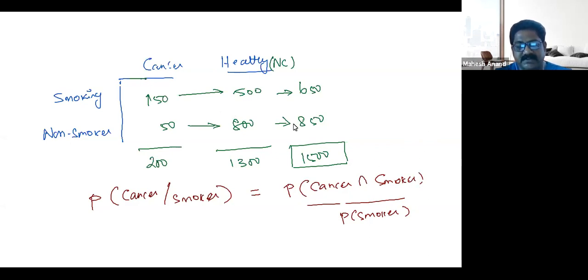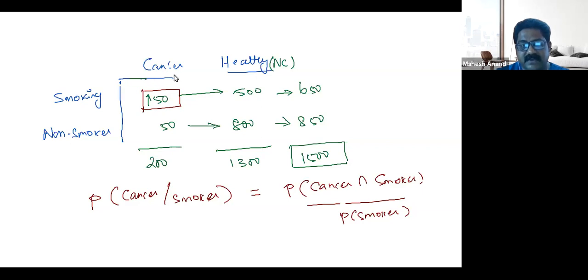From the contingency table or crosstab table, however you call it, you can pick the cancer intersection smoker value. Out of 1500 cases in the historical data, 150 records satisfy these two conditions.